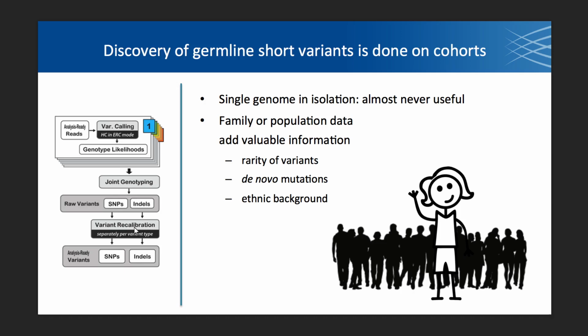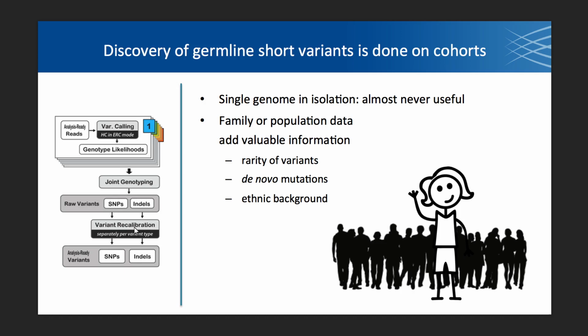For example, if someone has a rare disease and you're looking for a causative variant, all the variants that you're looking at are still only interesting if you know that they are rare with respect to the population, because if it's a rare disease, the variant that causes it should be rare in the population as well. For a different type of study, you might use family data.